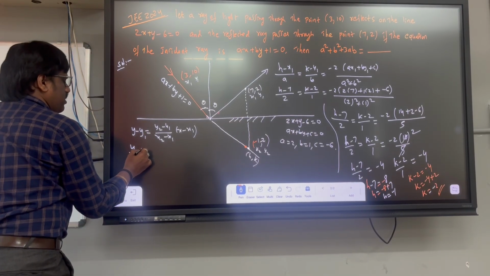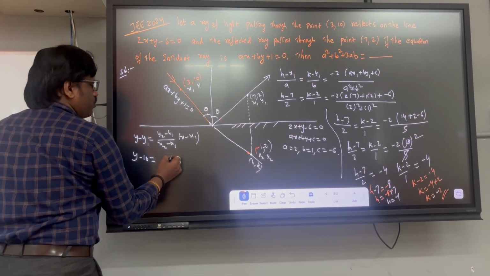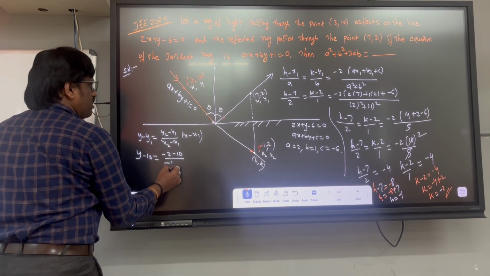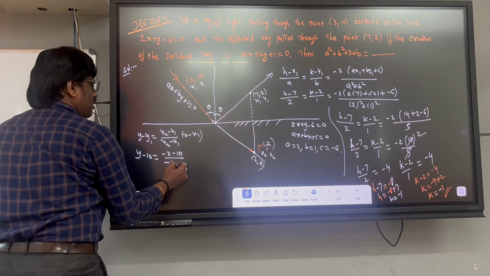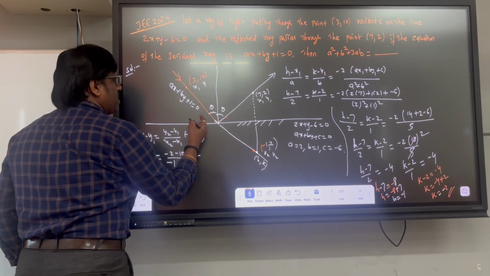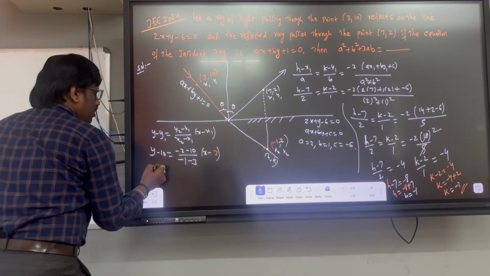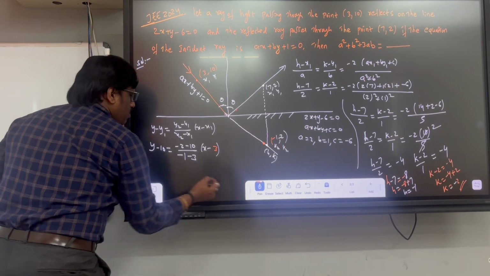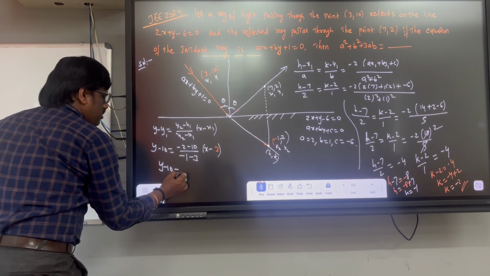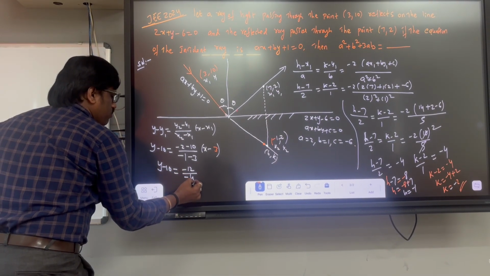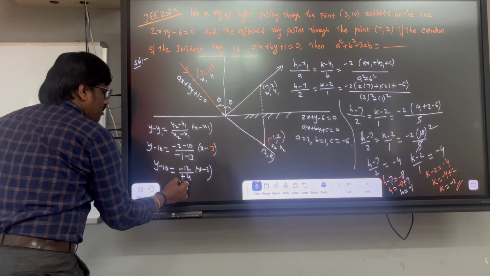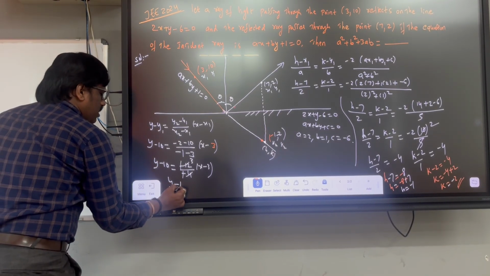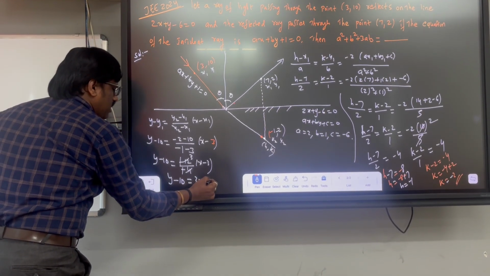So y - 10 = (-2 - 10)/(-1 - 3) times (x - 3), which is -12/-4 times (x - 3). The minuses cancel, 4 cancels, so y - 10 = 3x - 9.